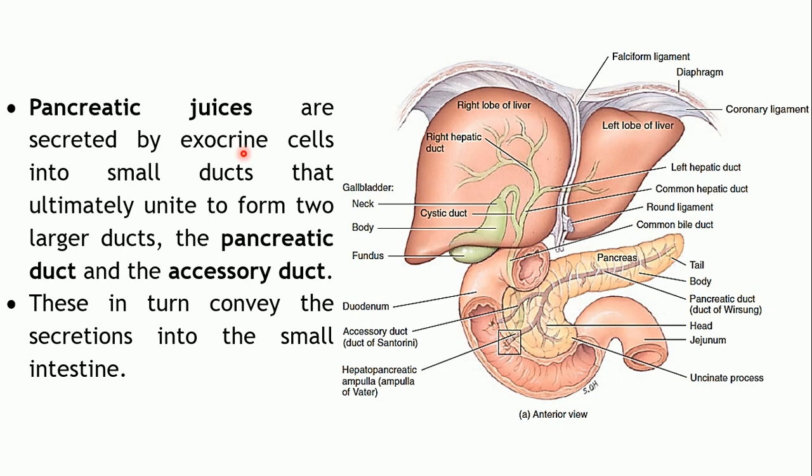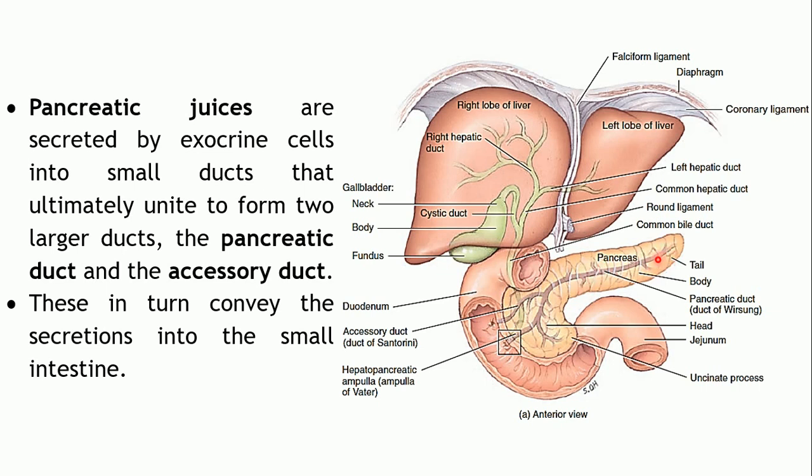Whatever pancreatic juices are produced by these exocrine cells of the pancreas, of course we will come to this histology part a little later, in which it will be clearer. So exocrine cells will be producing these pancreatic juices, which will be collected by small ducts. Here you can see that small ducts are joining over here, right?